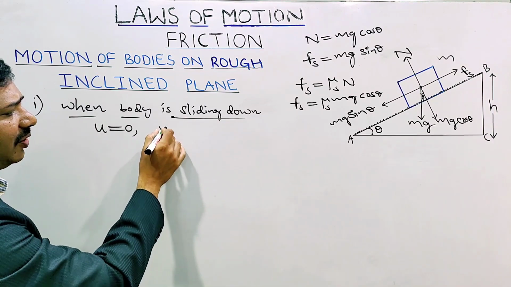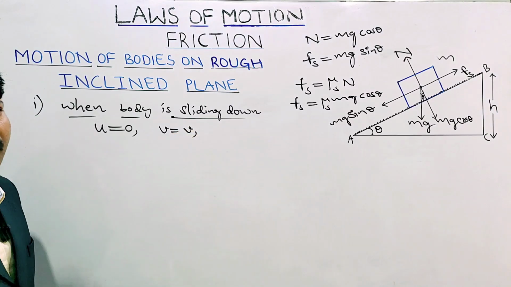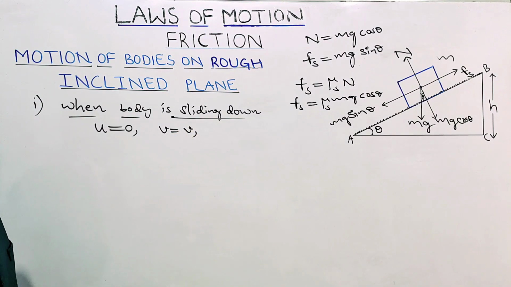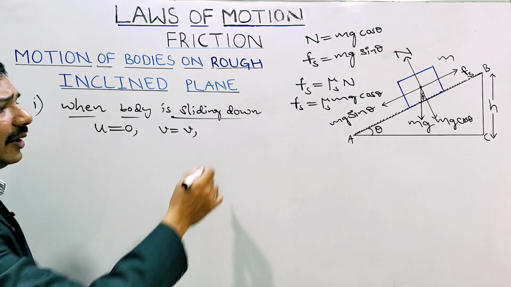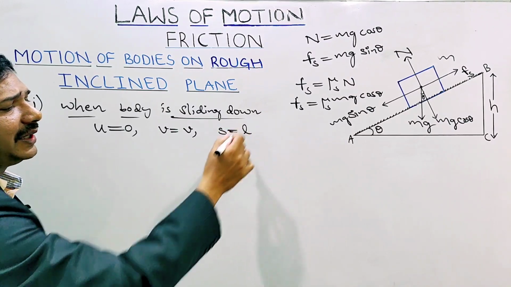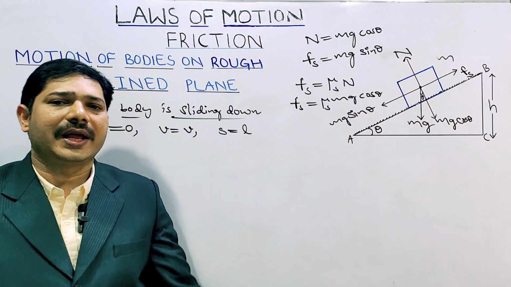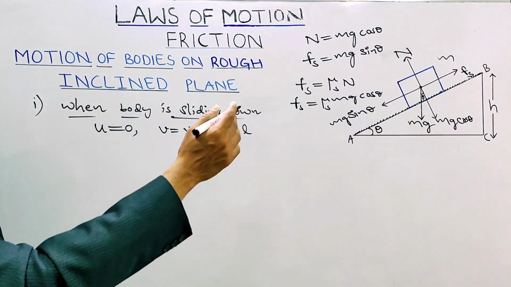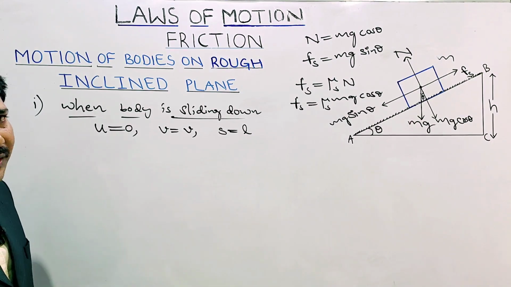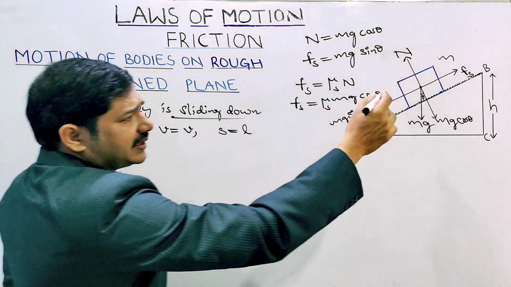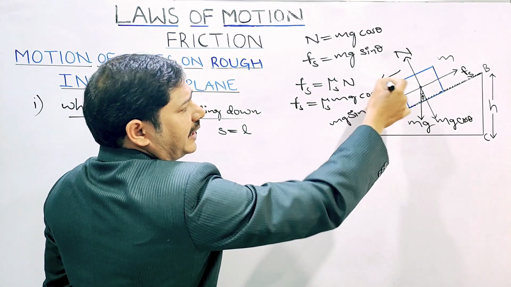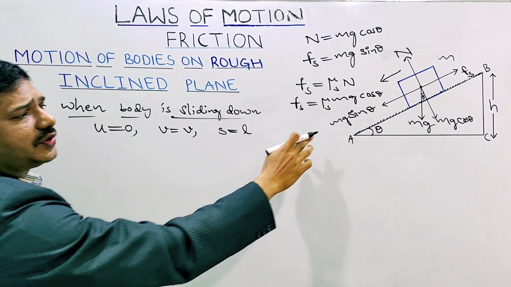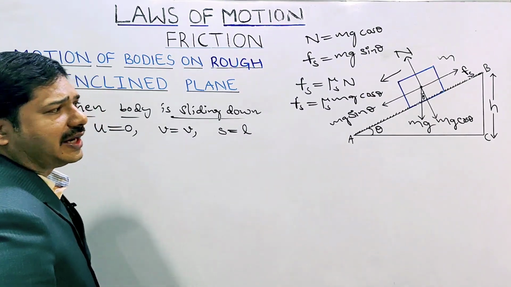The final velocity is v. The displacement is whatever the length of the plane. And what would be the resultant force? The body is sliding down, so the positive one is Mg sin theta.